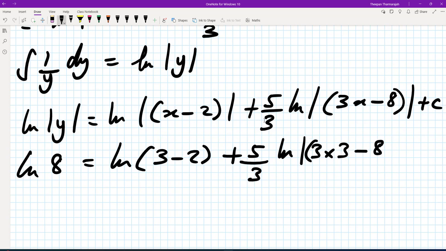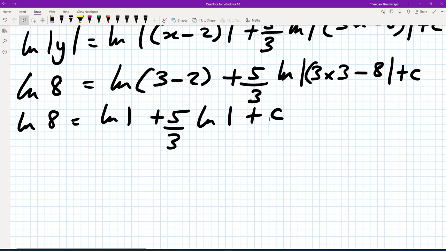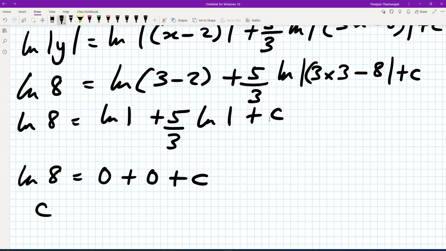So we get some nice values here. Well, ln 1 is 0, so I'm going to write this out in full. I get ln 1 plus 5 over 3, or 9 take away 8 is 1, so we get ln 1 again, plus c. So what happens is we get that ln 8 is 0 plus 0 plus c, hence c is ln 8.